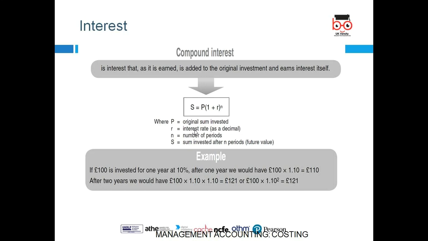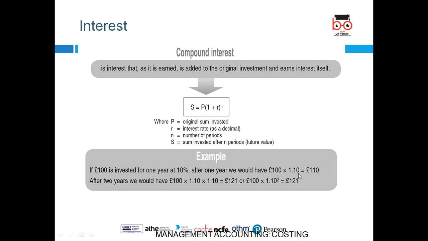Let's say you deposit money in the bank. You deposit £100. If you get 10% interest, next year you will get £110 back. But if you don't withdraw your £10 interest, your £100 will become £110.